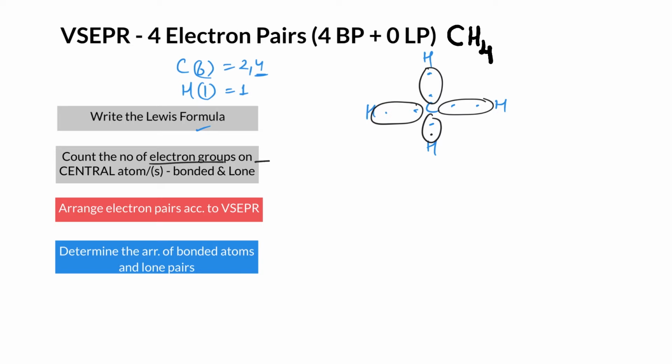Count the number of electron groups. We have 4, right? Now arrange them. The best way to arrange 4 is perhaps in a tetrahedral. So what is the electronic geometry that you are going to get? That is tetrahedral.